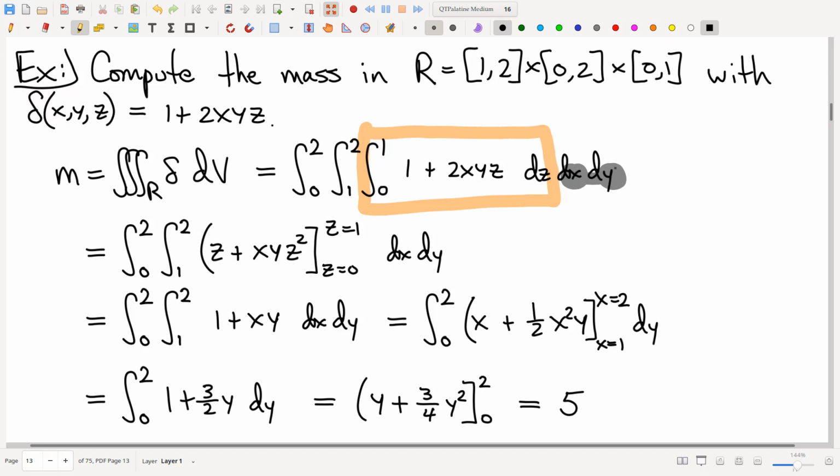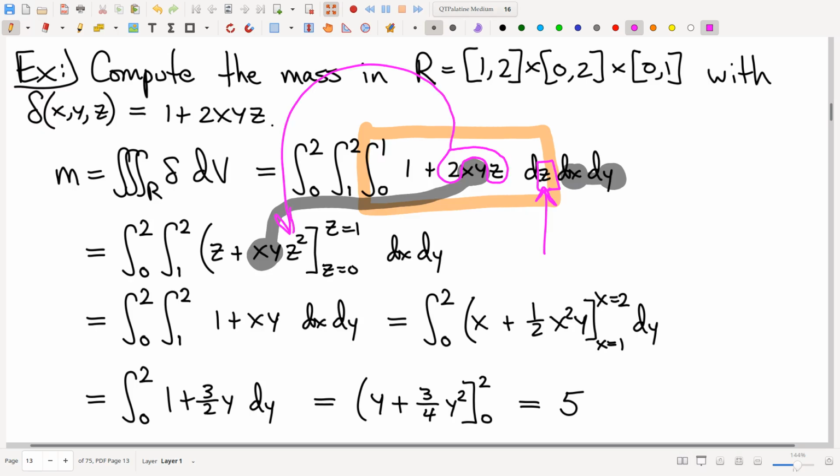That means x and y are constants, and so all of this is constant. When it comes to actually doing this integral, z is our variable. The z antiderivative of 2z is z squared.